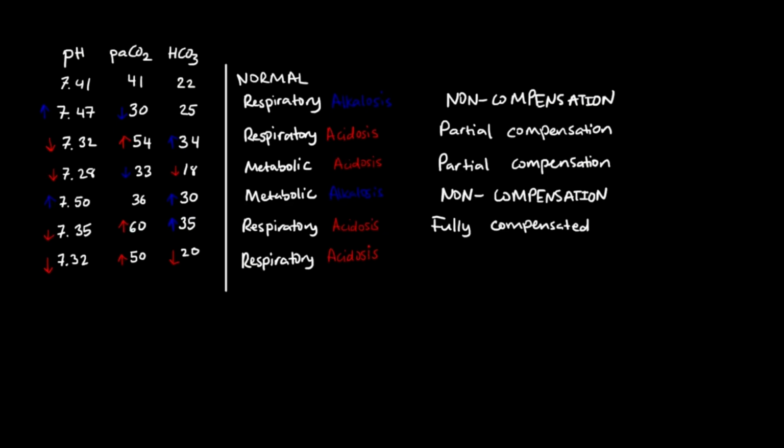So we have metabolic acidosis as well. As for the compensation status, compensation is not possible here because you have a problem with the respiratory system and with the renal system. So you can't have one system try to help out the other because they're both struggling.